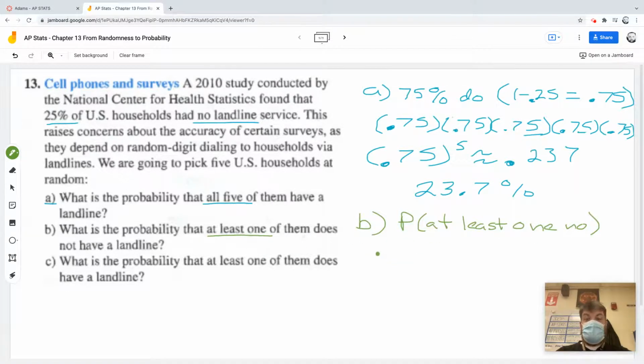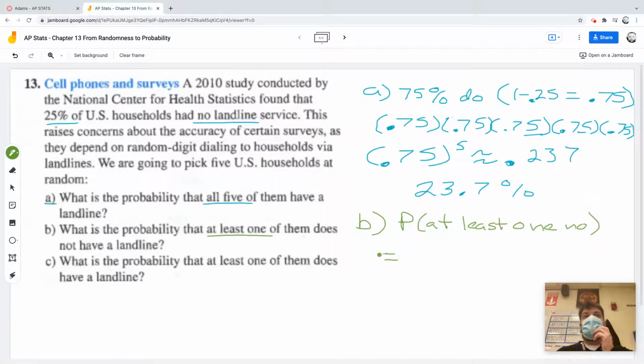Well, what's that going to equal? That's going to have to equal 1 minus all the landlines. So we're going to go with the complement.